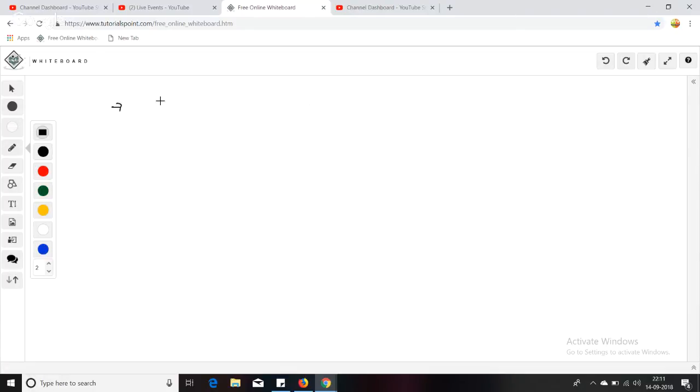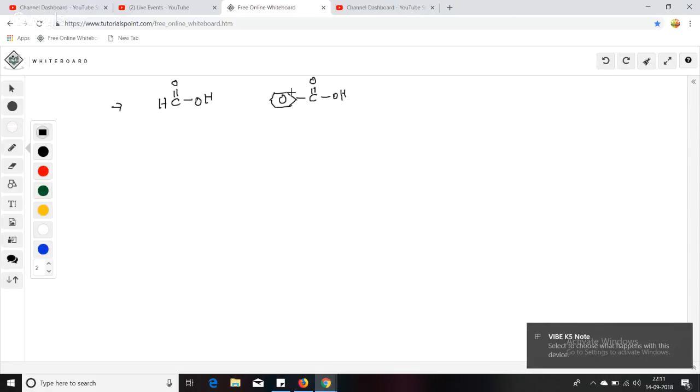Compare formic acid, H C double bond O, OH, and benzoic acid. Benzoic acid is this. If I ask you which one is more acidic, what is the answer? Anyone? Formic acid and benzoic acid.